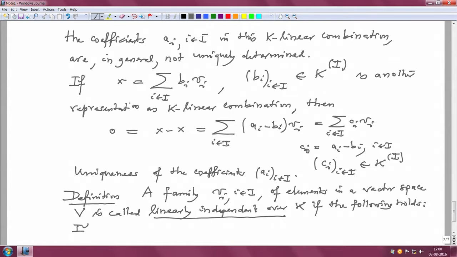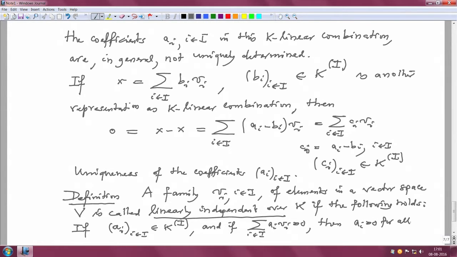If a_i is an I-tuple which is in K power round bracket I, that is almost all a_i's are 0, and if the linear combination summation a_i v_i is 0, then a_i should be the zero tuple, a_i equal to 0 for all i in I. If the family v_i satisfies this property, which we call linear independence over K, then the uniqueness will automatically follow.